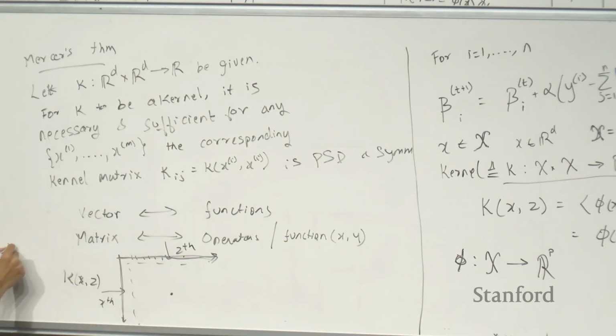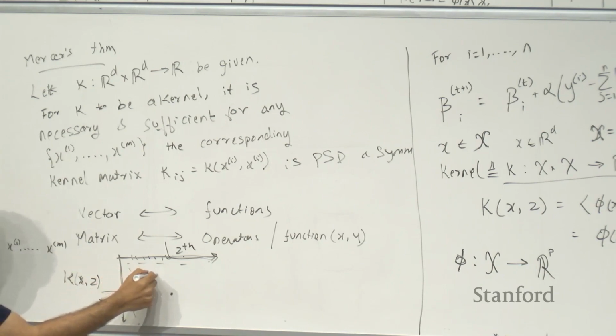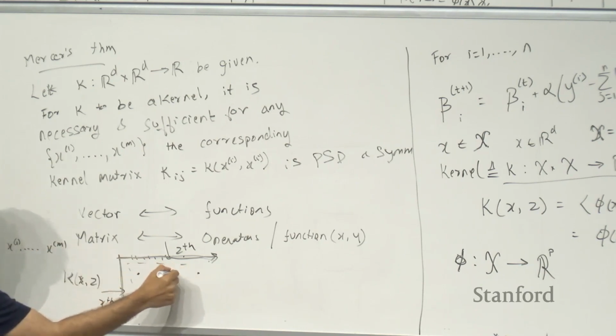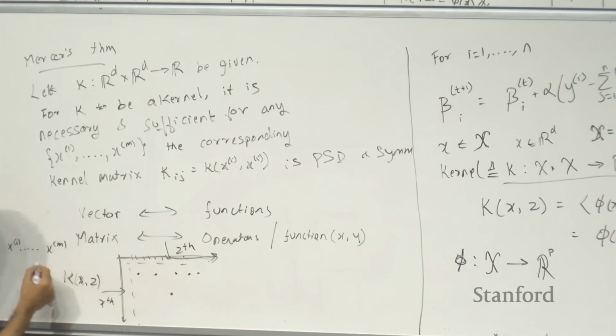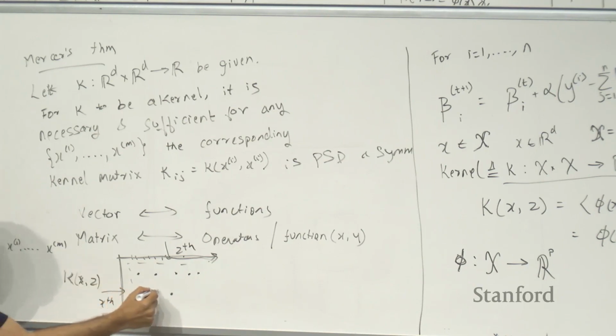And if you have a collection x1 through xm, then evaluating, say, K of x1 x2 would be here, K of x1 x3 would be here, and similarly K of x2 x1 and so on.